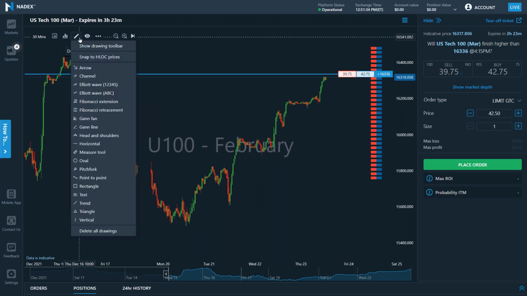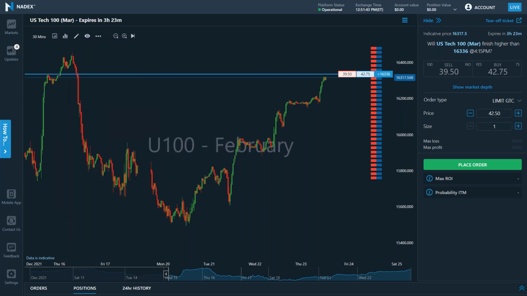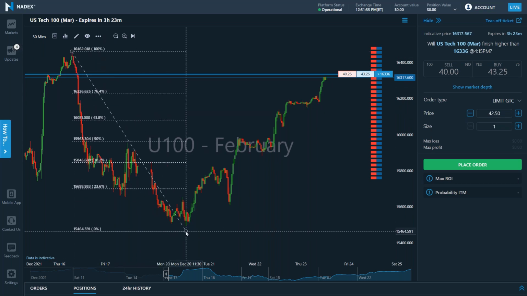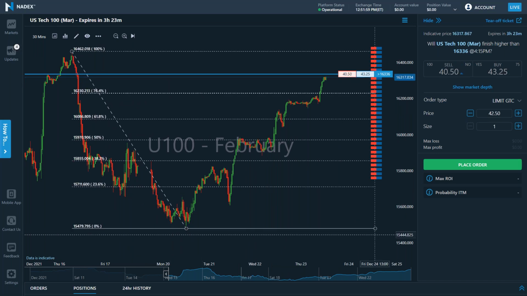I'm going to go ahead and grab my drawing indicators, drop down to Fibonacci retracement. Again, if you're not familiar with it, it gives you a little bit of information over here. I'm going to click on Fibonacci retracement. Now, the way that you do a Fibonacci, since we were in a downtrend and we're retracing up, you start in the upper left-hand corner at the high, click once. I go down to the lowest point, and I click a second time, and then I drag it over to the right.